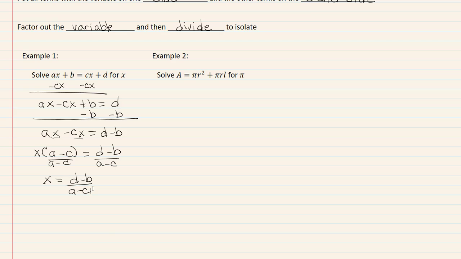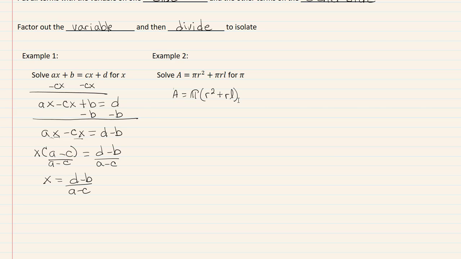Let's take a look at our second example. We have A equal to pi r squared plus pi rl, and we're solving for pi. So my pi is already on one side by itself. So what we want to do is factor that out. Take out the common factor of pi, and then I'm left with r squared plus rl.